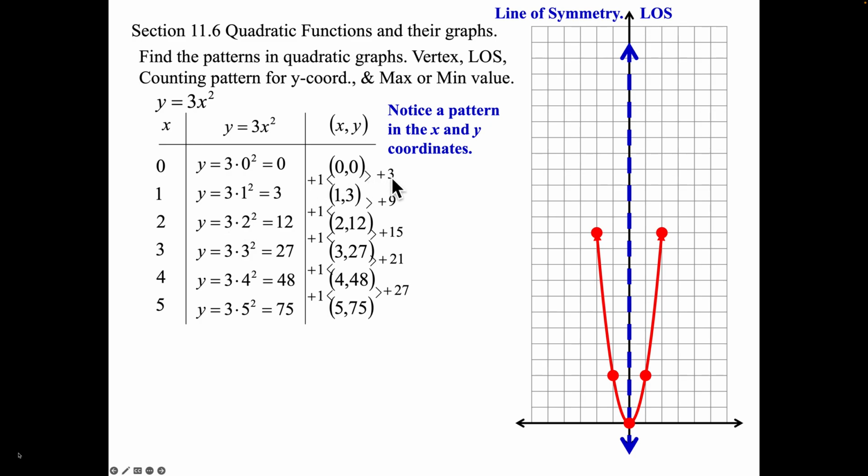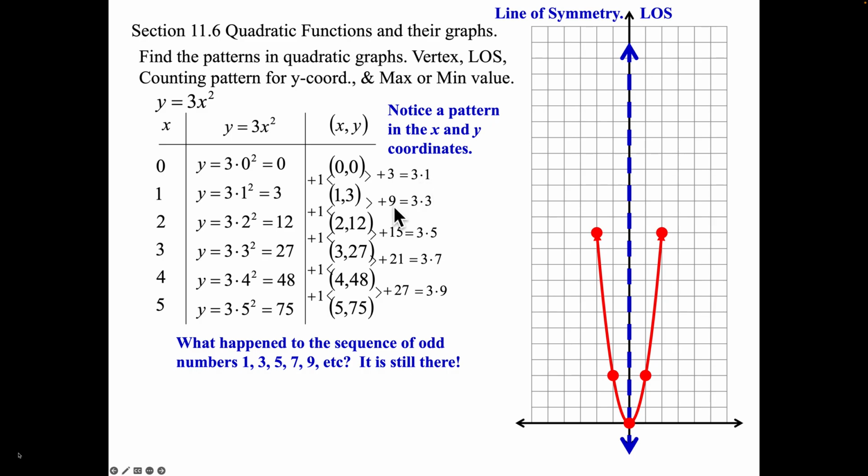The factors of 3 is still here. Look at the factors of 3. That's 3 times 1. Factors of 9, 3 times 3. Factors of 15, 3 times 5. 21, 3 times 7. 27, 3 times 9. There's your 1, 3, 5, 7, 9. It's just that it's all been multiplied by 3.